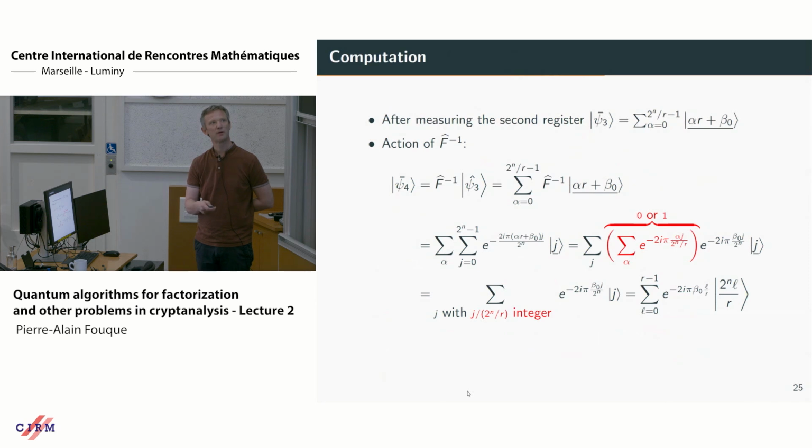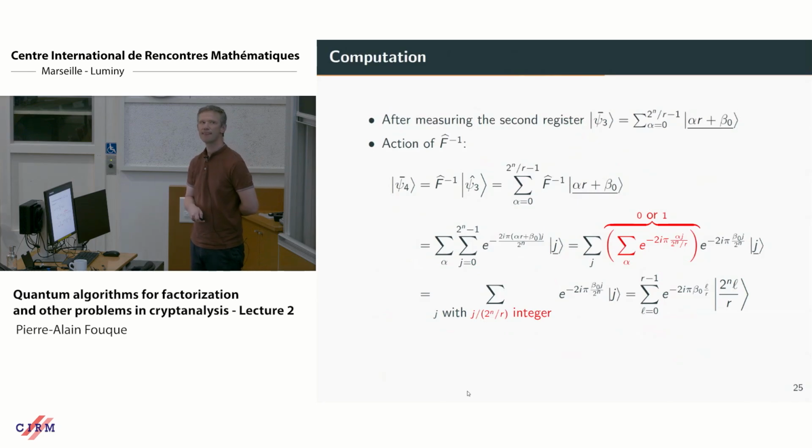I call the integer here L, and j will be replaced by 2 to the n times L divided by r. So here you can see that r is on the denominator of the fraction.